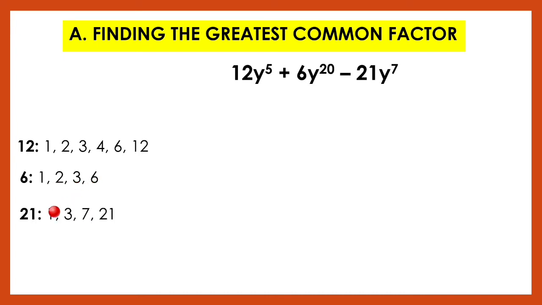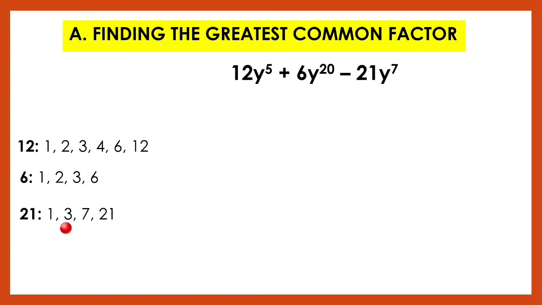And the last is 21. What are the factors of 21? We have 1, 3, 7, and 21. 1 times 21 is 21. 3 times 7 is 21. After nating makuha yung list, kunin natin yung greatest na factor o greatest common factor. So, pareho silang may 1. Pareho silang may 3.